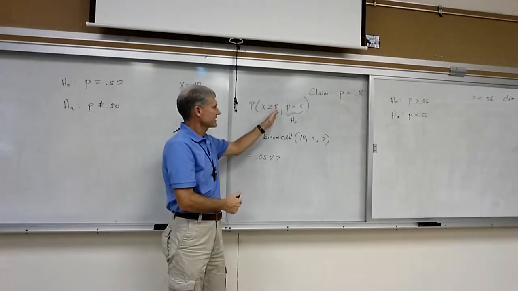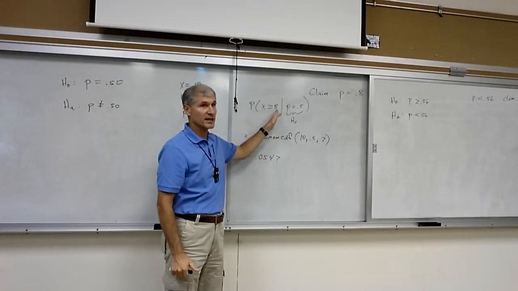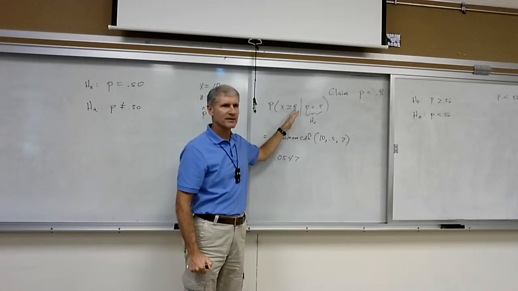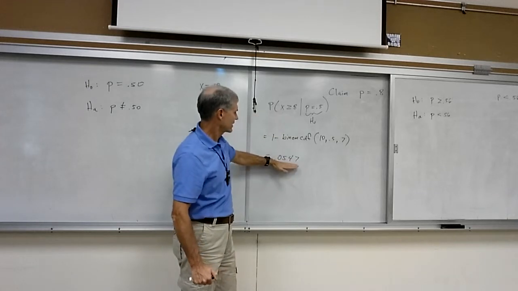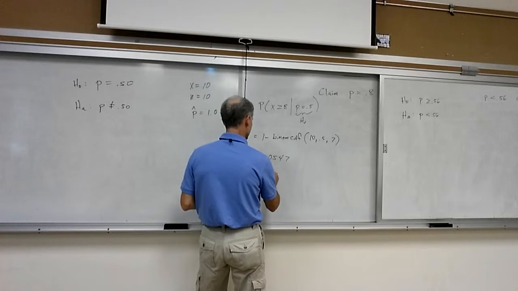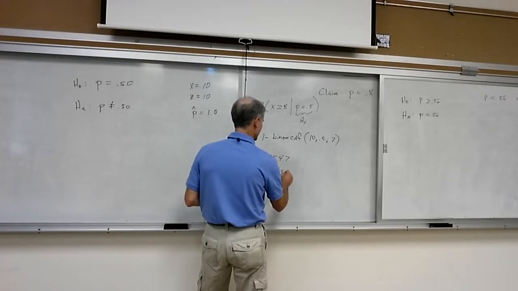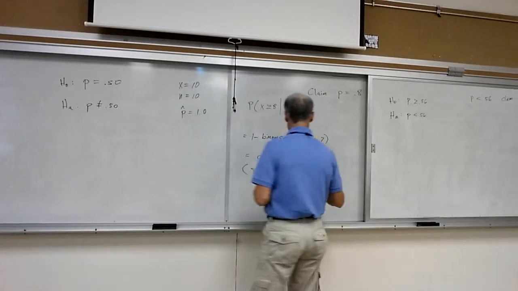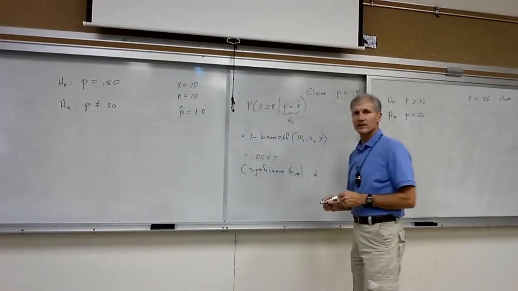If I set this as my cutoff for when I'm going to decide he's cheating, if we get 8 or more, then he's cheating, right? Then this is known as the significance level, which we'll denote as alpha, Greek letter alpha.